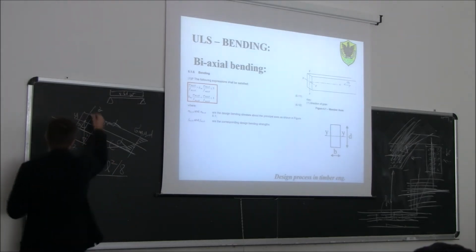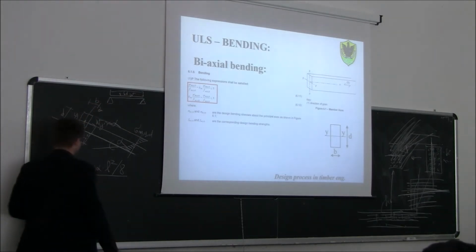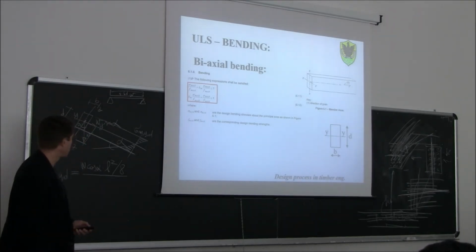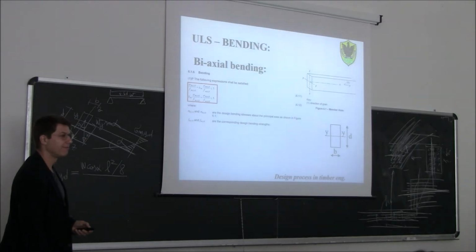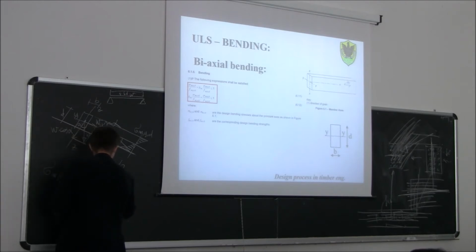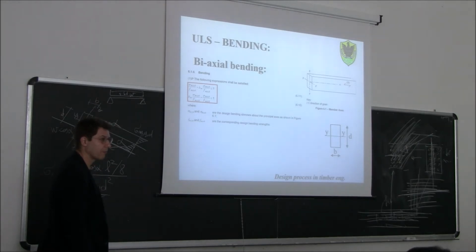Rectangular cross section, so this is B and this is D. So the section modulus for the bending around the y-axis is B, D squared divided by 6. Okay?